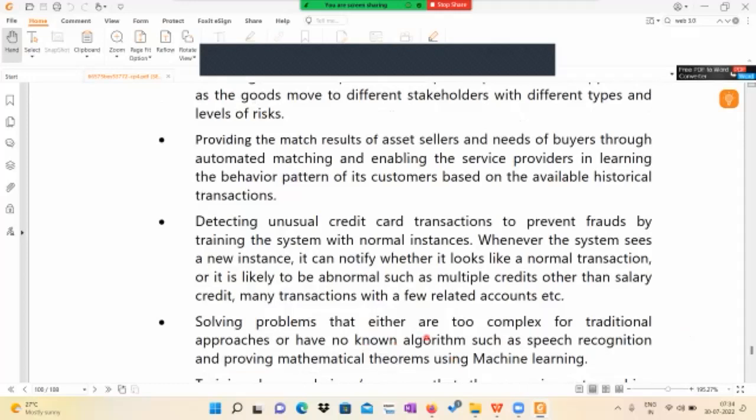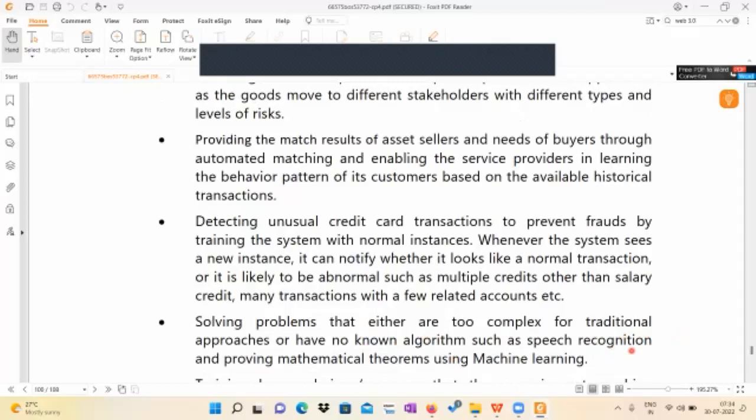It's solving problems where traditional approaches have no known algorithms, such as speech recognition and proving mathematical theorems, using machine learning. Suppose there are certain cases where you cannot use the normal, traditional approach, like speech recognition.